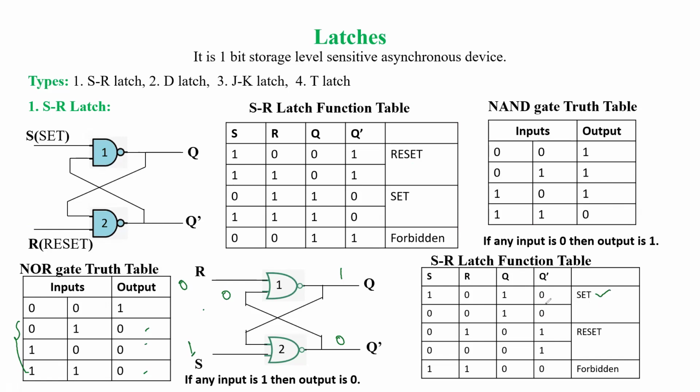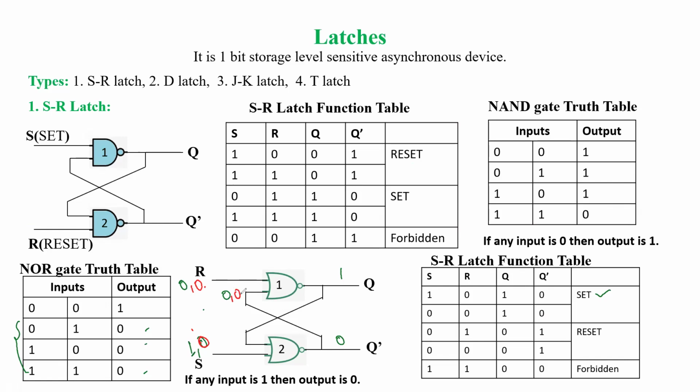Now if we bring this back to the initial conditions, S will change to 0 and R will remain 0. Then we are going to see whether the device remains in the initial condition or there is any change. So S is changed to 0, R is kept at 0. Here we take the help of the previous output. Q dash is already 0, so the same 0 is available here.